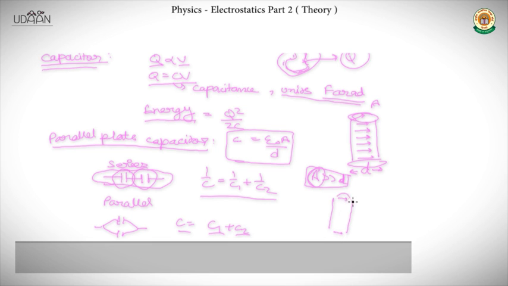The electric field will differ. For such conditions, we have ignored such things since A is much greater than D. We have ignored these effects and only considered that this is how the electric field is, because A is very high, so we can ignore that.